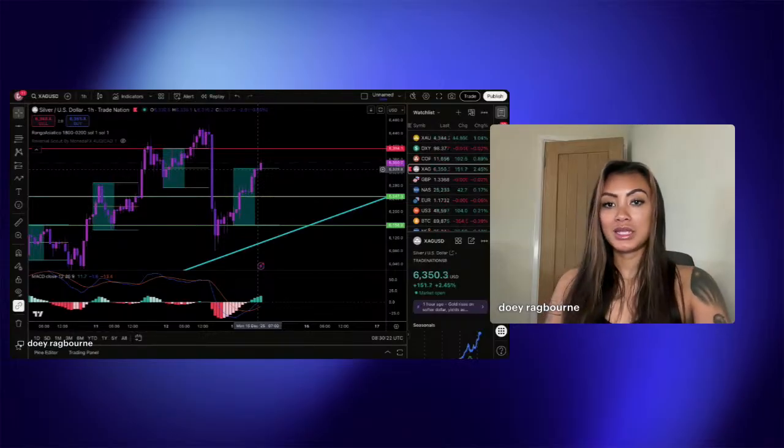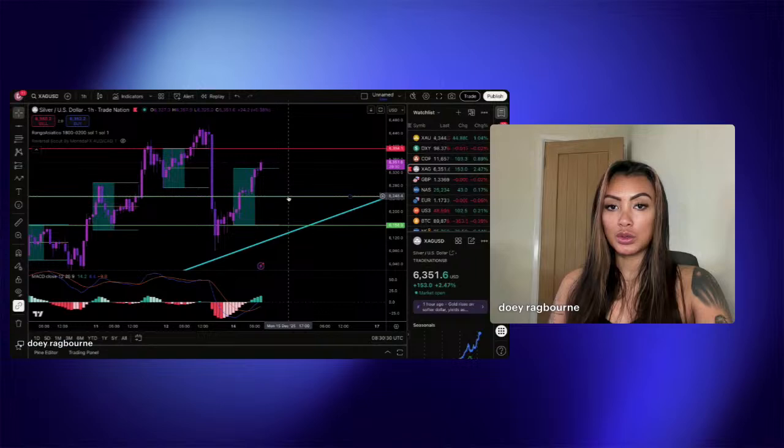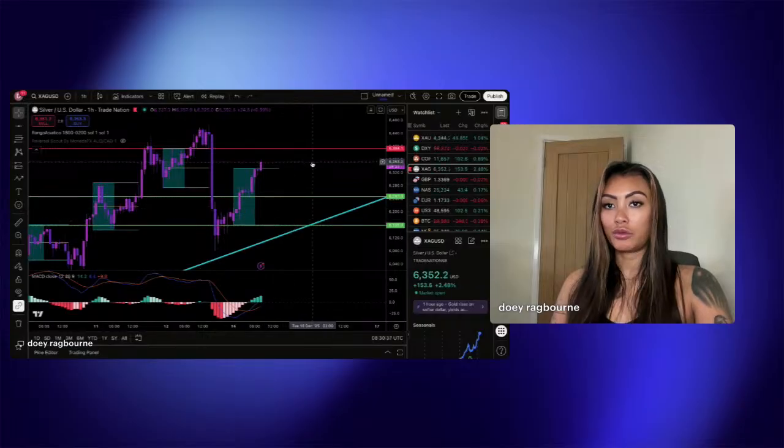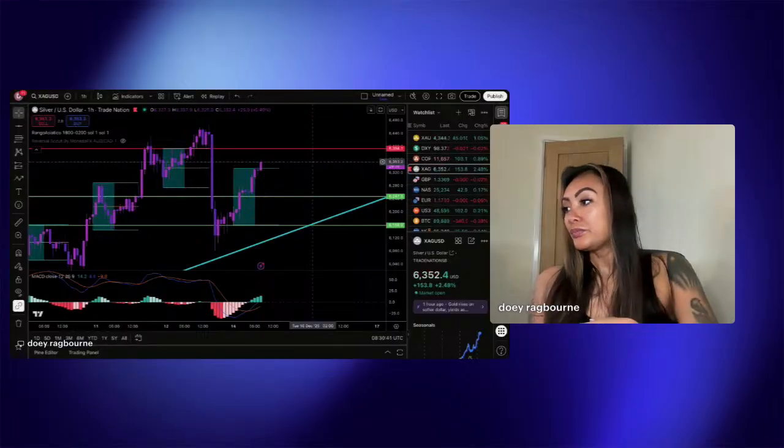So me taking a sell would be riskier. What I would prefer is for it to either sweep this area here or this area here, and then look for buys.